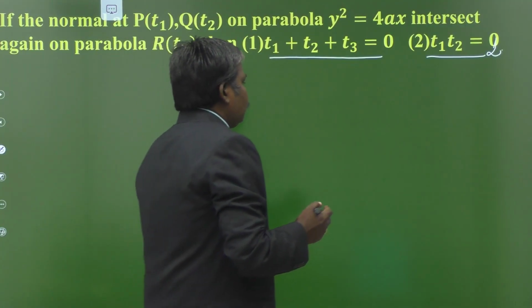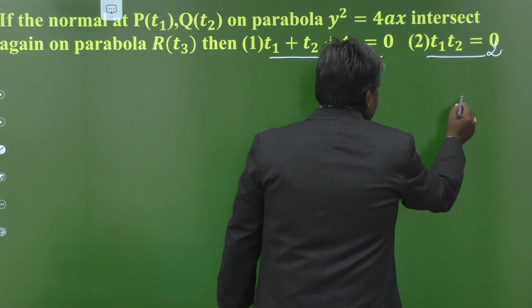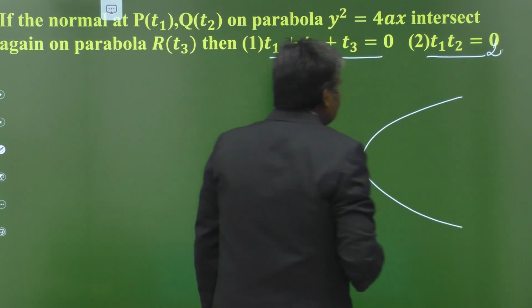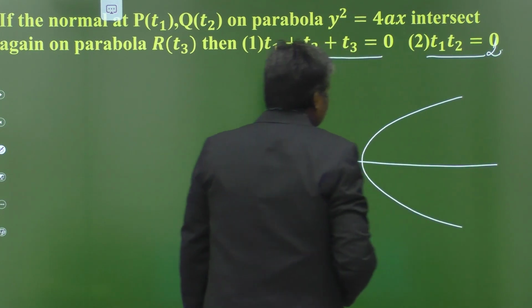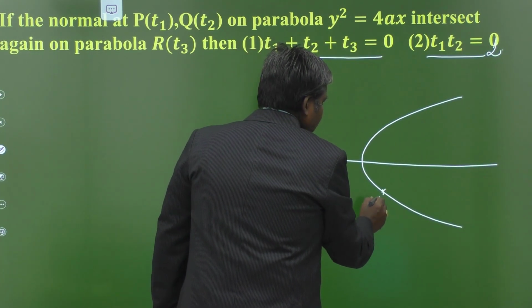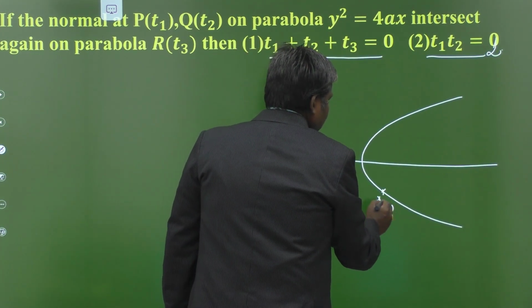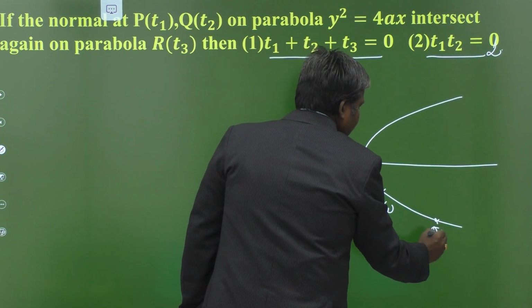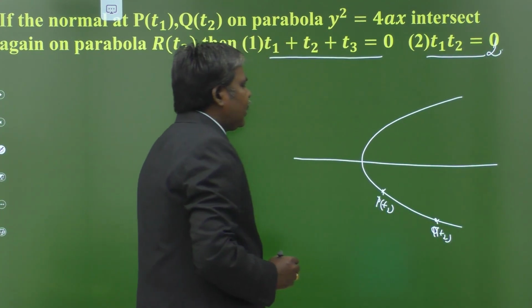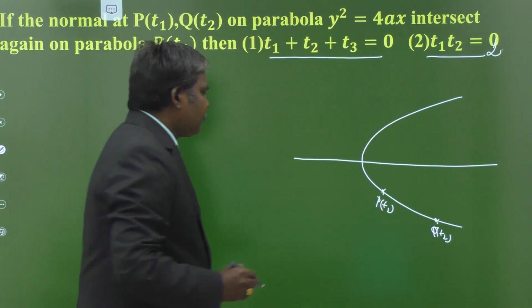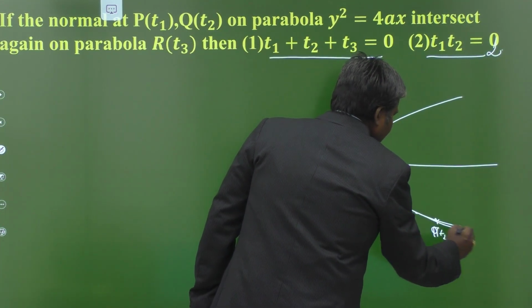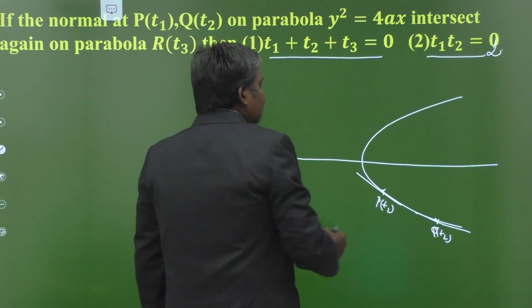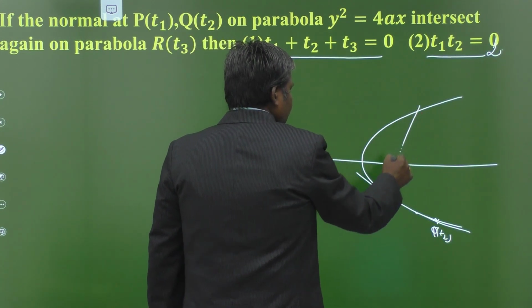See here, let us try to draw the diagram. This is the parabola. This is the axis of the parabola. This is my P(t1) and it is Q(t2). These are the 2 points on the parabola. This is the tangent at this point. This is the tangent at this point. You draw the normals at these 2 points.